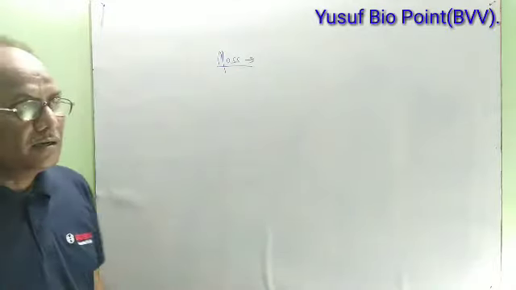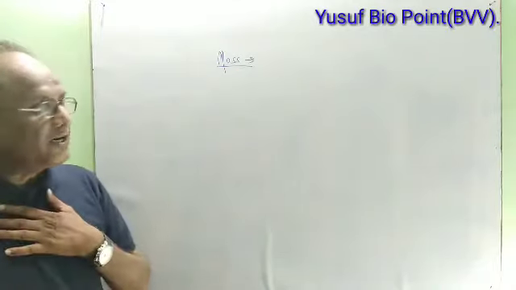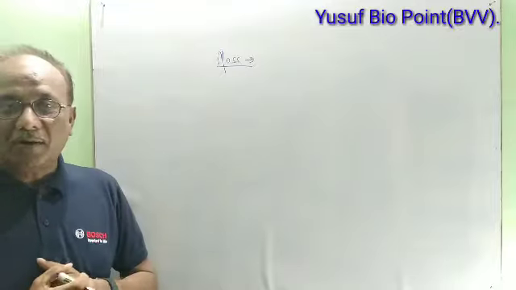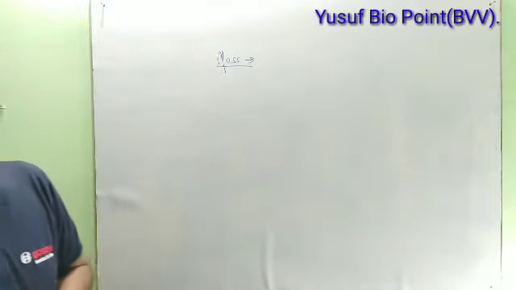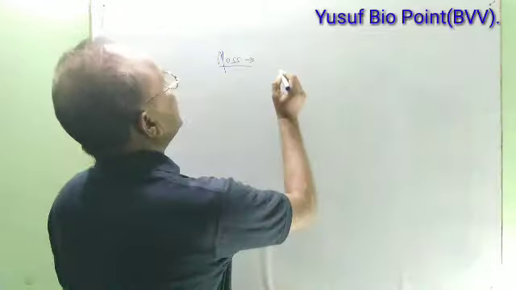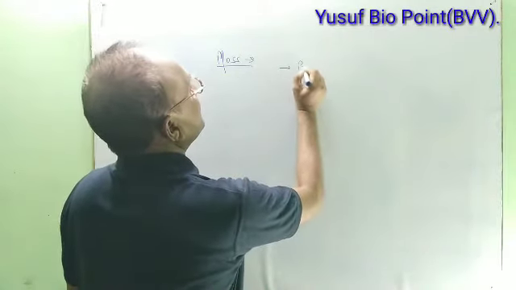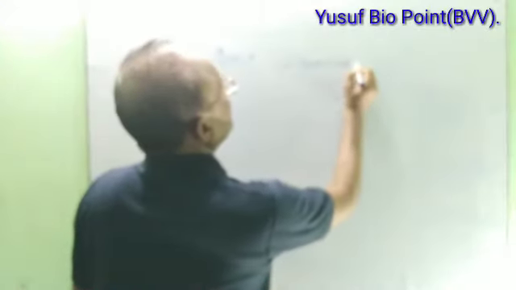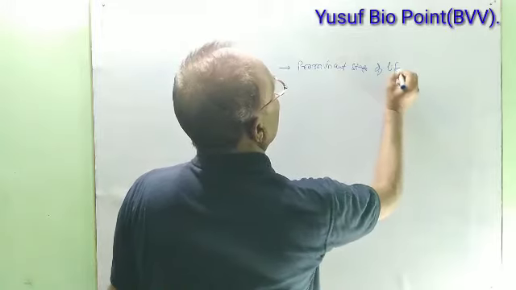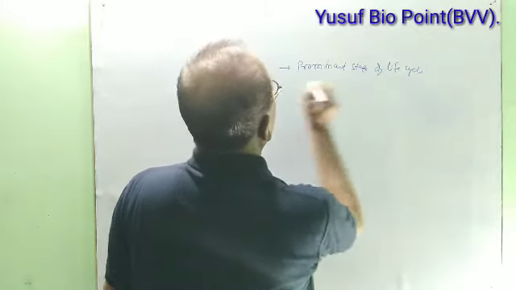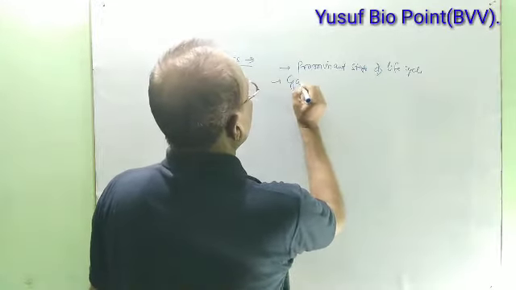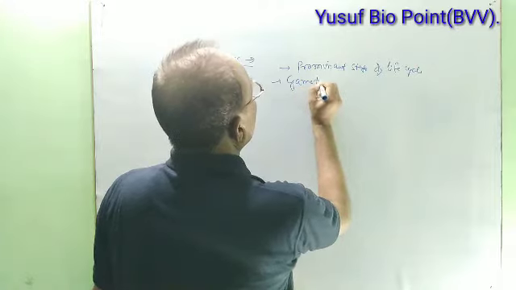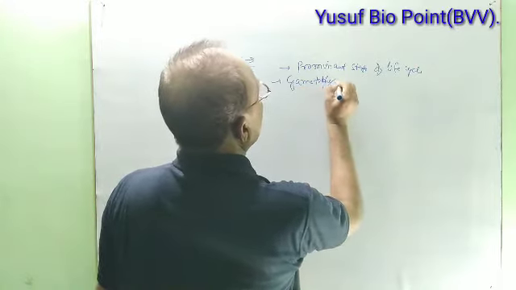Now the moss is a bryophyte, but it is somewhat more developed than the liverworts. The permanent stage of the life cycle is the gametophyte.